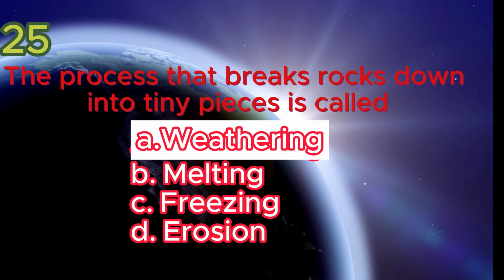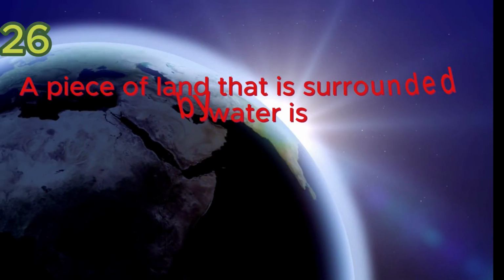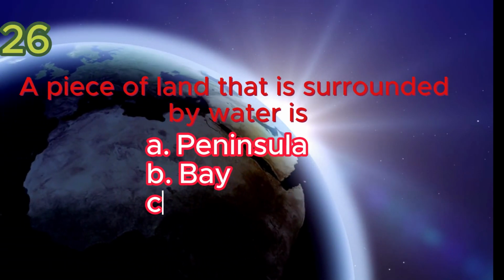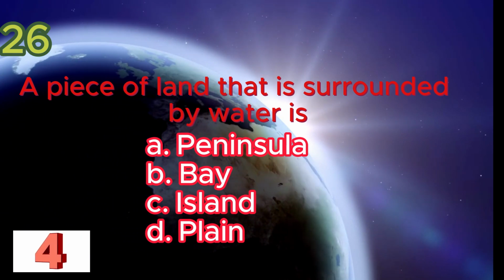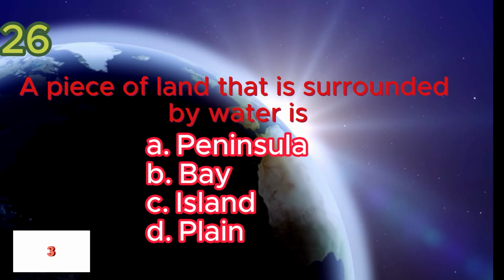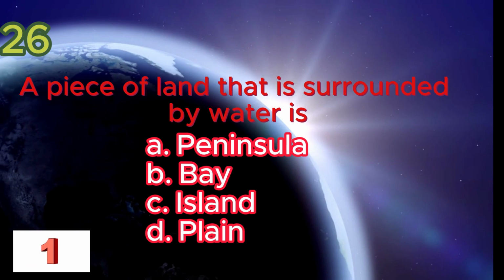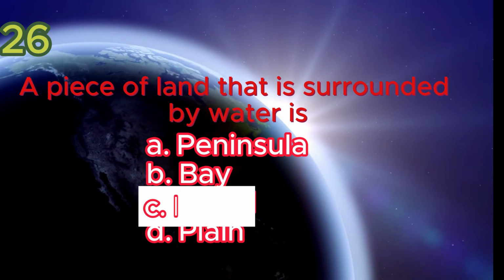A. Weathering. A piece of land that is surrounded by water is C. Island.